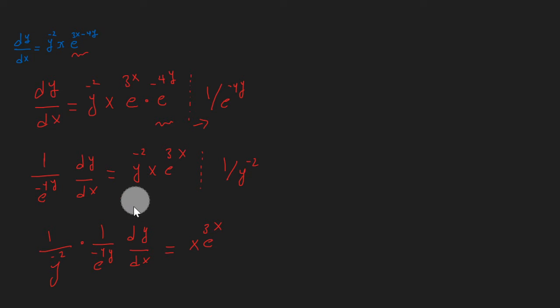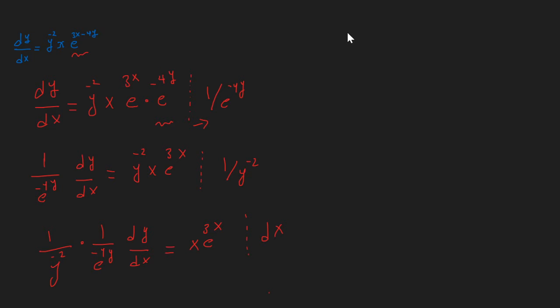So the last step you need to do is that we need to move this dx to this side. So how do we do that? We basically multiply each side by dx.